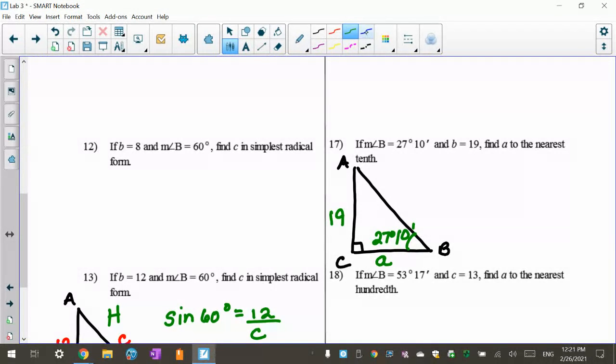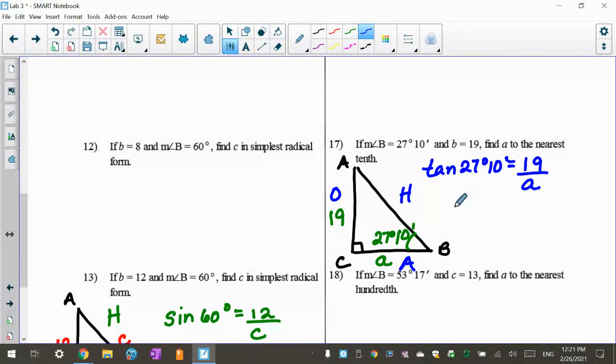The first thing I'm going to do is label it HOA: H, O, and A. I have stuff by the O and A, so I'm going to do the tangent of 27 degrees 10 minutes is going to be opposite, which is 19 over a. This one is very similar to what we did, but before I could put the actual value in. Here I have to put this in my calculator.